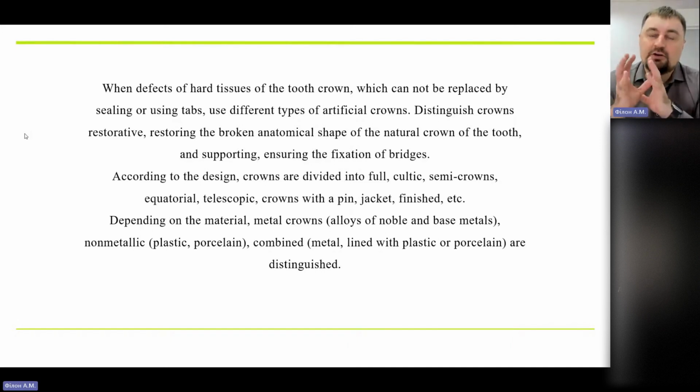When we cannot remake the broken part of the tooth therapeutically, because the defect is more than 50 percent. For example, the crown of the tooth is half broken. We cannot place composite there and remake it using just composite, because it's going to be half of the crown made of composite. And what does it mean?